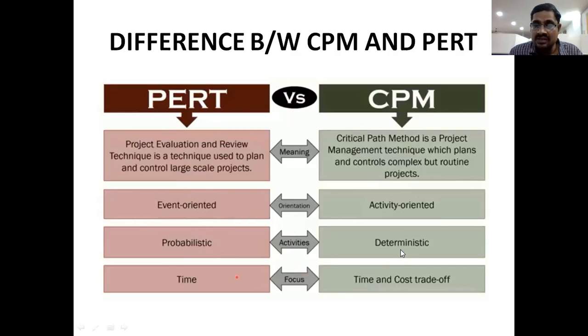But CPM is deterministic, fixed. We should have the assurance that this project will be a success. So fixation by time, cost, and activities, preceding activities, everything decided in advance. That is deterministic in CPM.